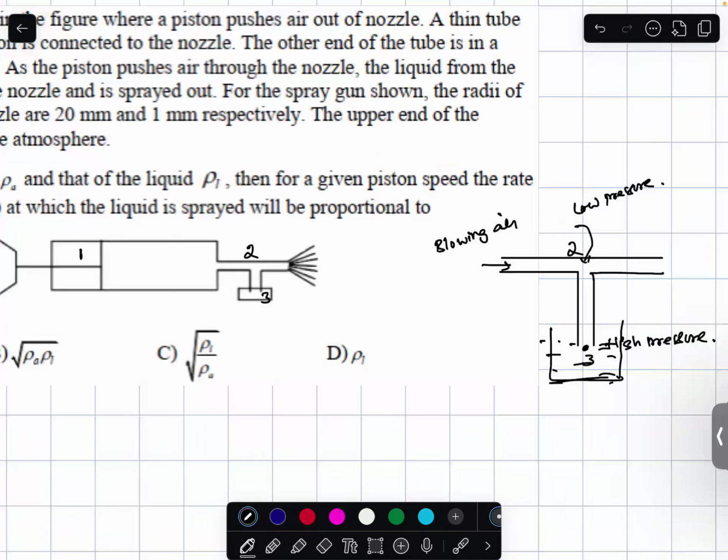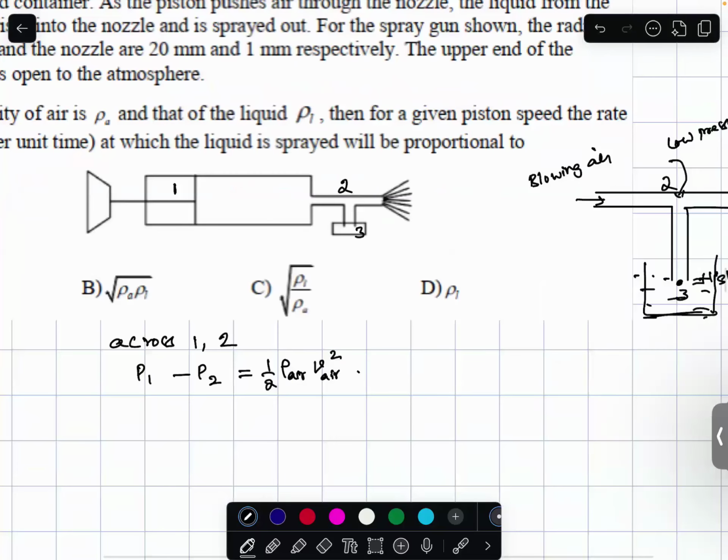Now what is happening here across 1 and 2: P1 minus P2 is half rho air V air square. Please say yes or no for this. Just now we have done this question. Everyone in this class, please respond. Till this point very clear?